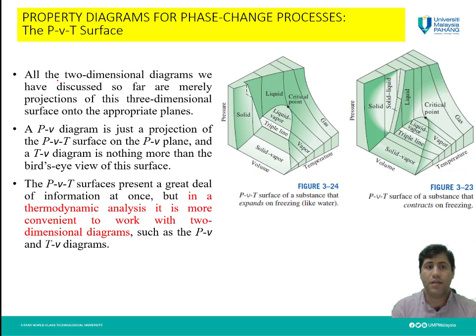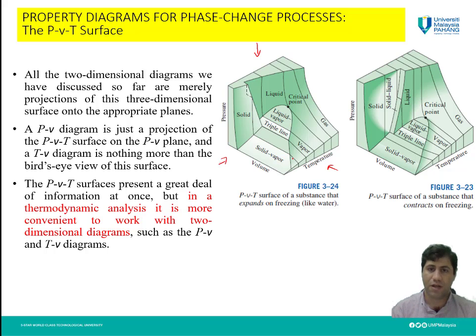And all the two-dimensional diagrams we have discussed so far, we can project. If we watch this 3D graph from this view and project these surfaces to this plane, we will have the PV diagram. From this direction, we will have the PT diagram, and from above, we will have a TV diagram.